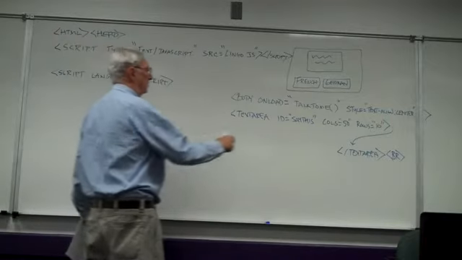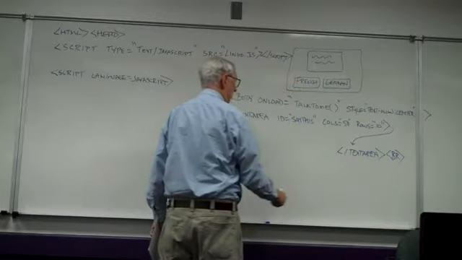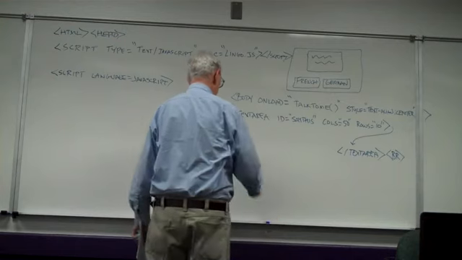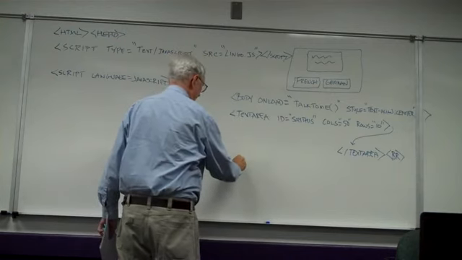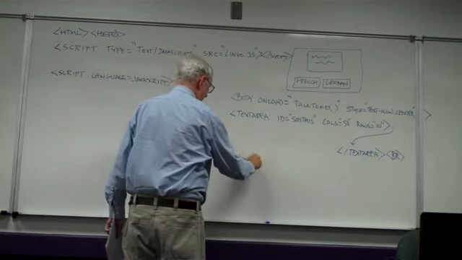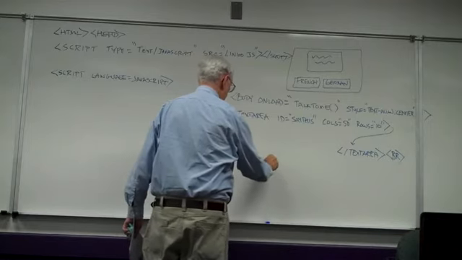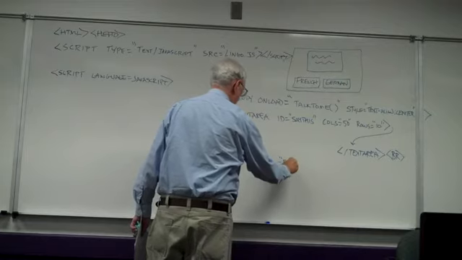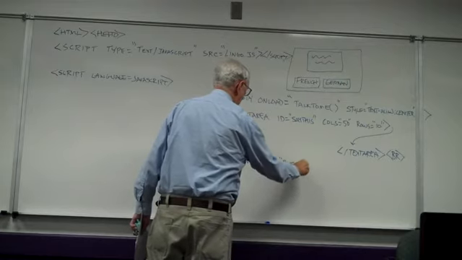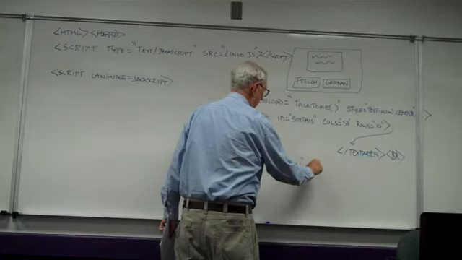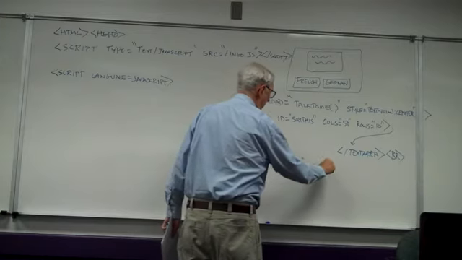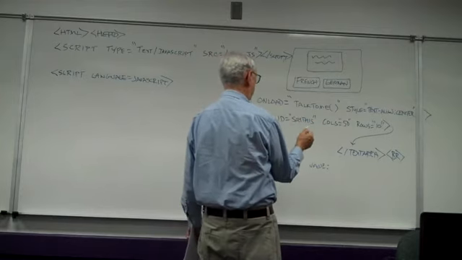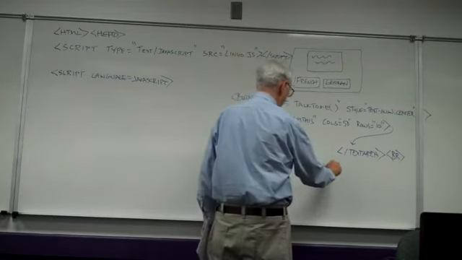And then what we do is we're going to have a couple of buttons here. So I hit a break, which brings us down to the next line. So if I type in the French button right here, I would type in an input, which is a button, input type equals button. Its value equals French.